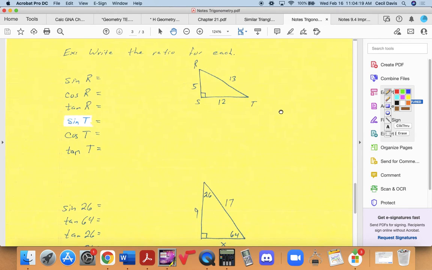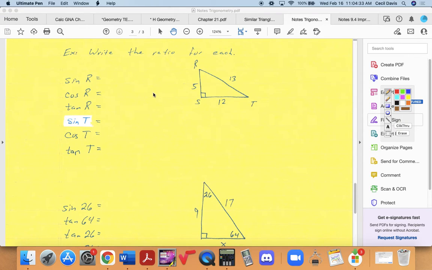For right now, all we're going to do is write the ratio. So if I want the sine of R, notice R is one of the acute angles. Sine is what over what? Opposite over hypotenuse.